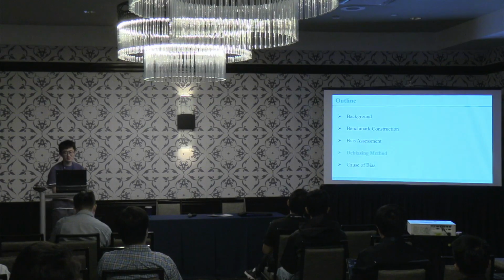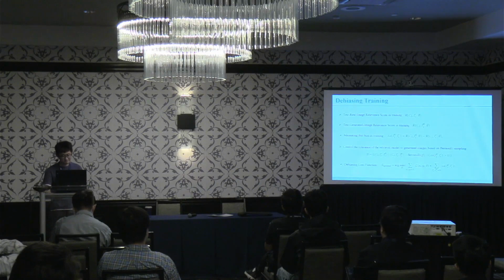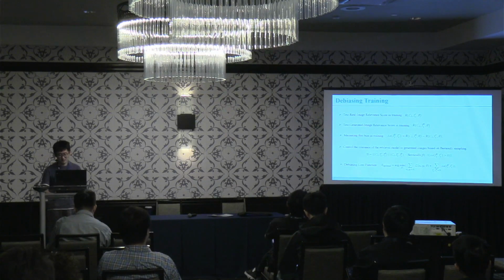To mitigate the bias that text-to-image retrieval models prefer AI-generated images, we propose a debiasing method. In our debiasing training method, we measure the text-real image relevance score and the text-generated image relevance score estimated by the retrieval models in training, and use the difference between them as a ranking bias.